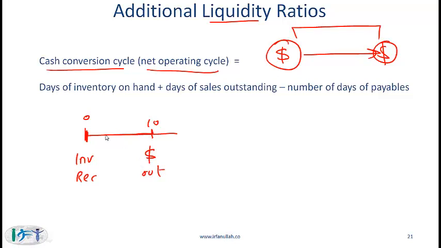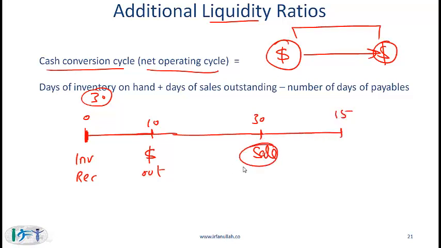Let us say that the days of inventory on hand is 30, which means that it takes us 30 days to convert this inventory into product which is sold. That means that on day 30 over here is where the sale happens. And then on average, let's say that it takes 15 days to collect money. This sale, for example, is a credit sale. And on day 45 is when we receive money.